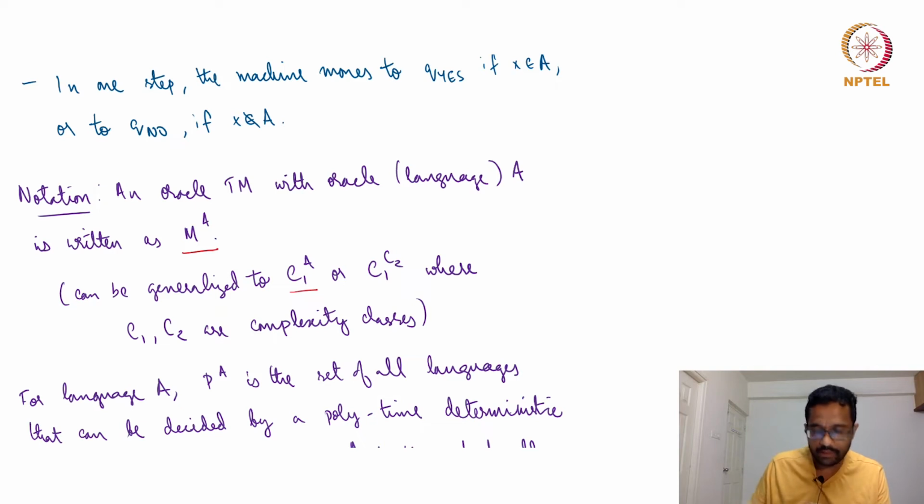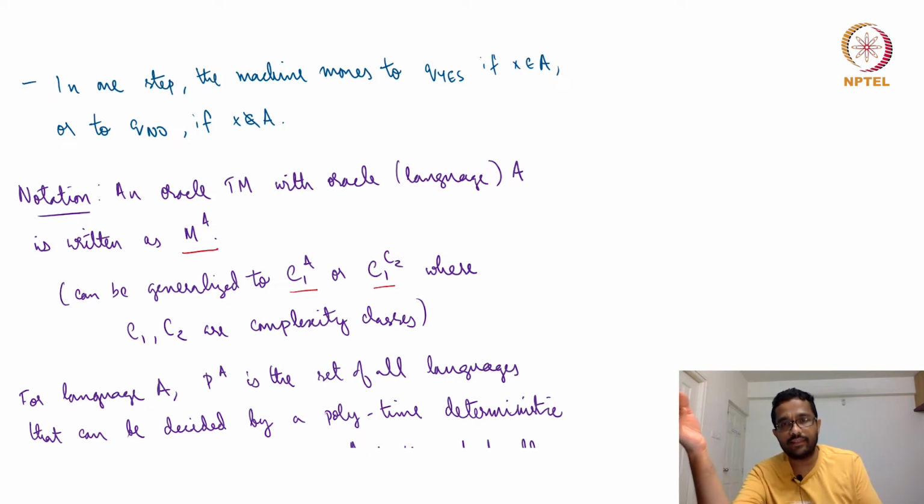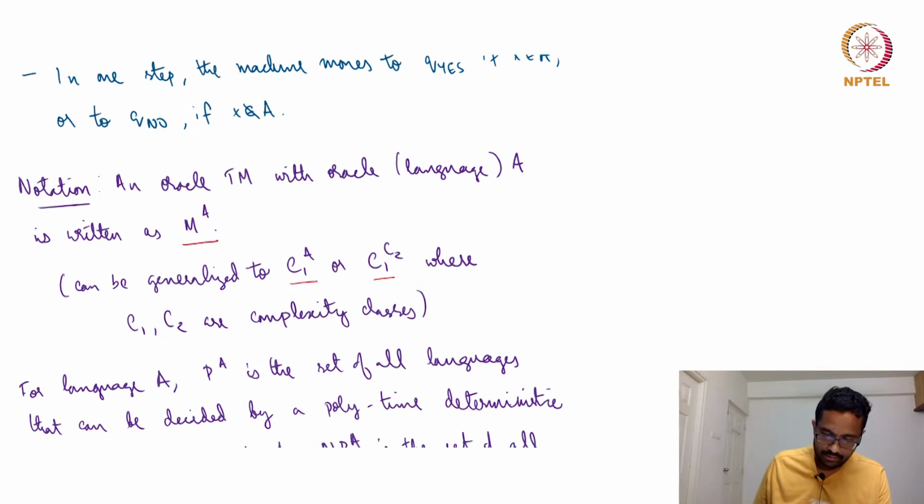Okay, so we'll define what they are. If you see textbooks, you may see this notation where complexity classes have complexity classes as oracles, right? So where both the subscript as well as the superscript are both complexity classes, right?